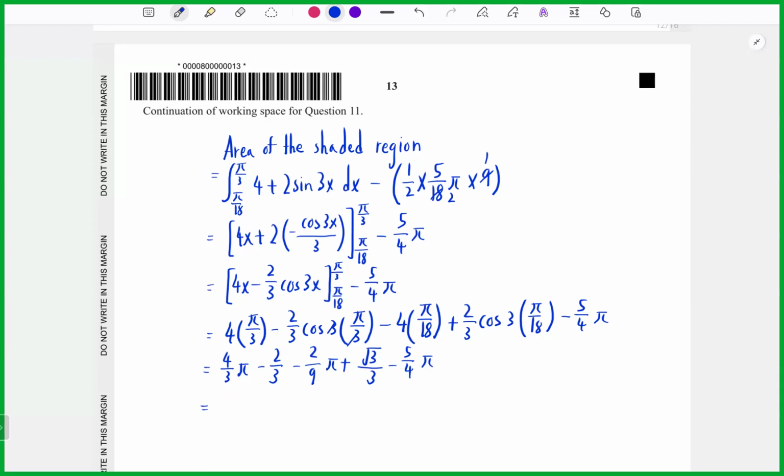Okay, you will get 3 over 3 minus 2 over 3.